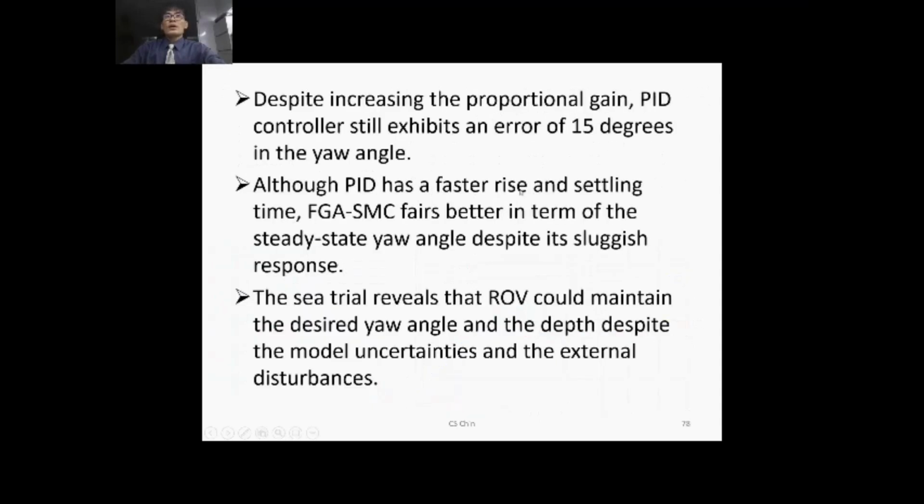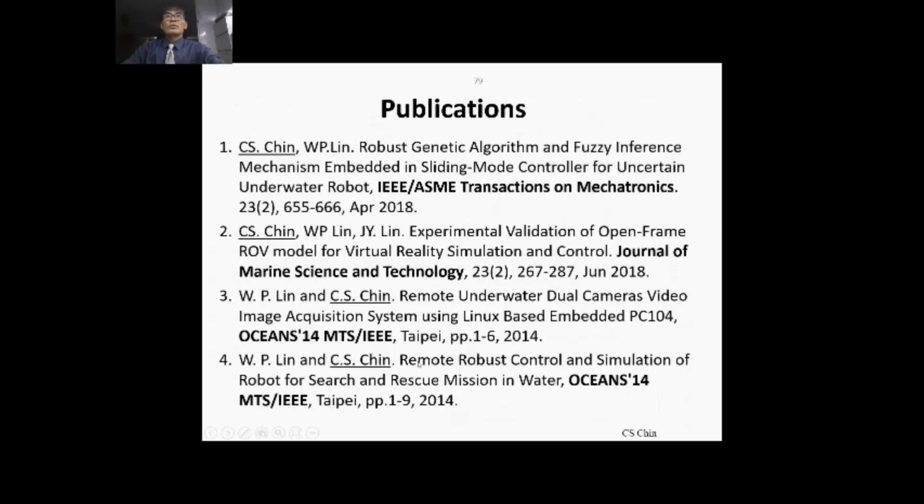Although the PID has a faster rise time and settling time, the proposed controller fared better in terms of the steady state yaw angle despite a sluggish response. The sea trial revealed that the ROV could maintain the desired yaw angle and depth despite the model uncertainty and external disturbances.